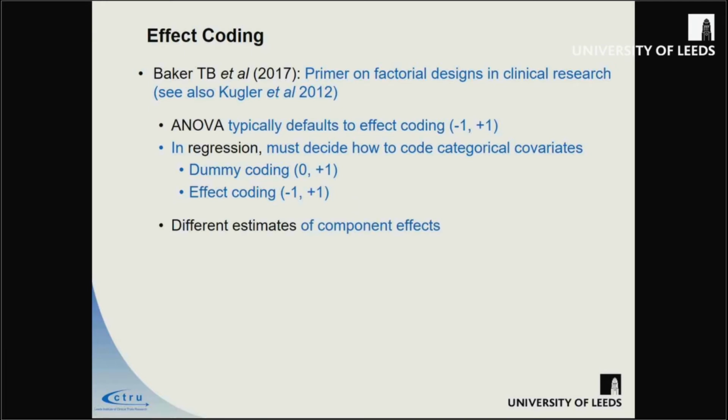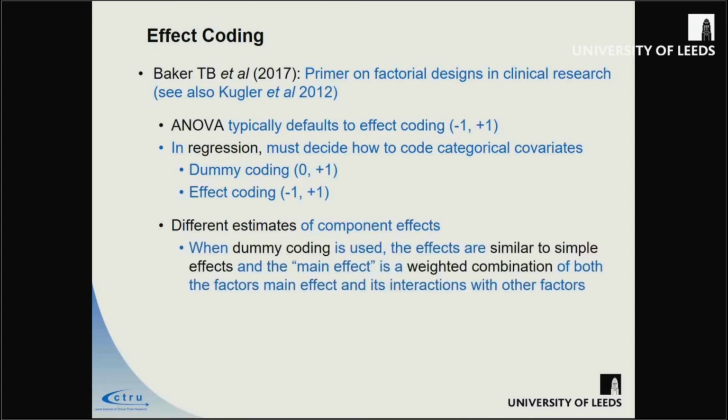Basically, you're estimating different things depending on which of those two options that you do. If you use the dummy coding, then your estimate of the 5% comes from an estimate of the within bit.